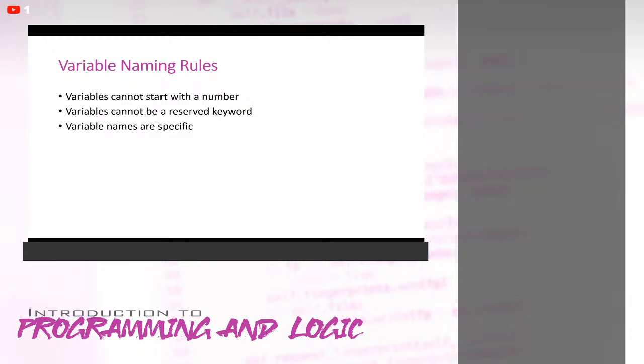Because what happens is when my interpreter starts going through my code and starts reading the stuff that I've written, when it hits a number, that interpreter thinks it's going to do math. That interpreter immediately thinks, okay, here's a number, I'm going to do math.